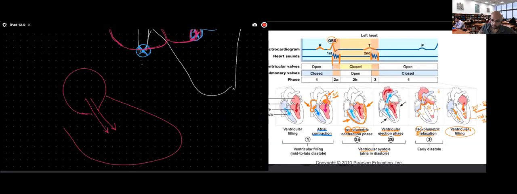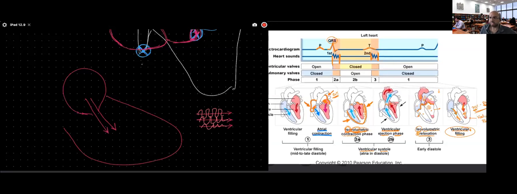No. Why? Because the blood travels in a laminar pattern, and the laminar pattern of the blood flow doesn't produce a sound. Sound gets produced only if the blood flow becomes turbulent.